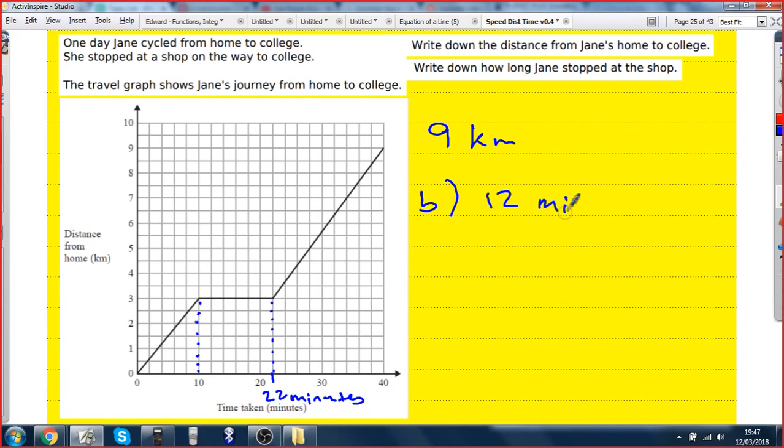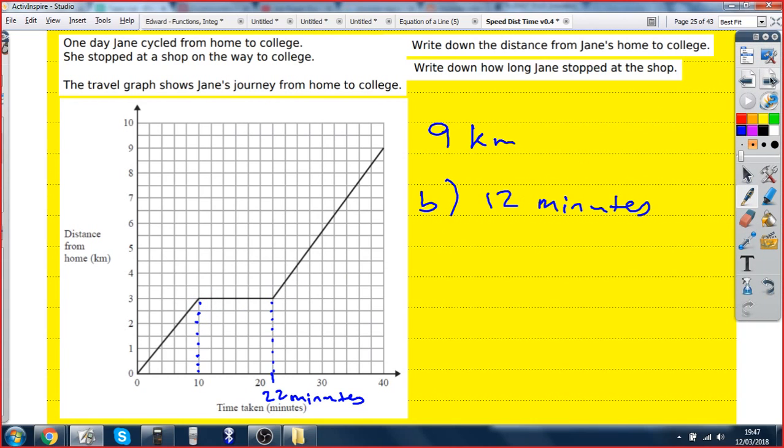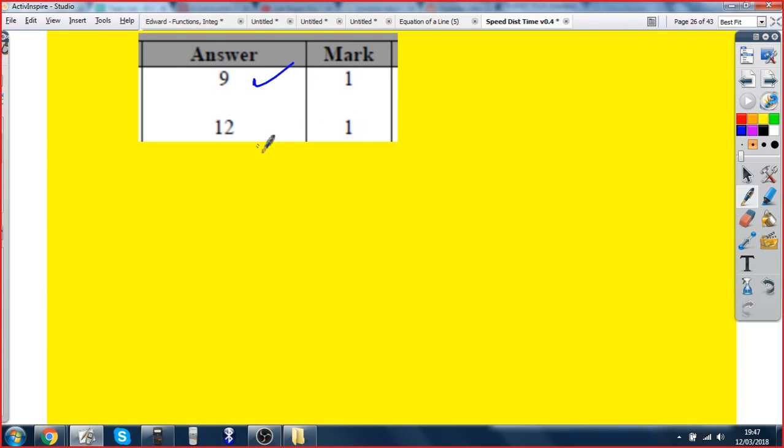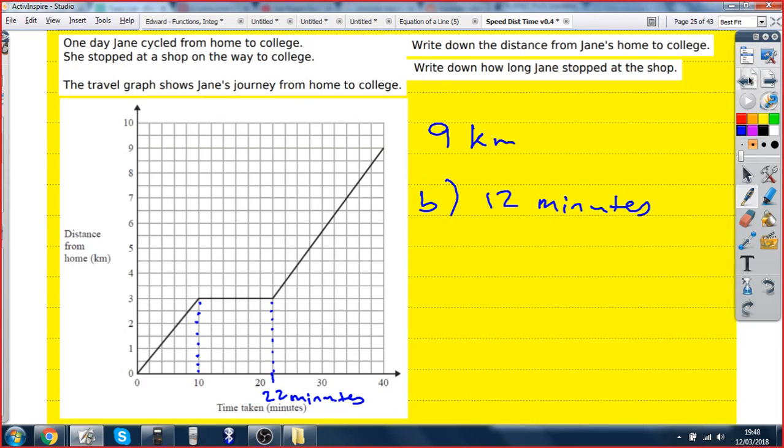That's right. So she left the shop 22 minutes after leaving home, but she arrived at the shop at 10 minutes. So 22 minus 10. So 9 kilometers, 12 minutes. Any questions there? No. Okay.